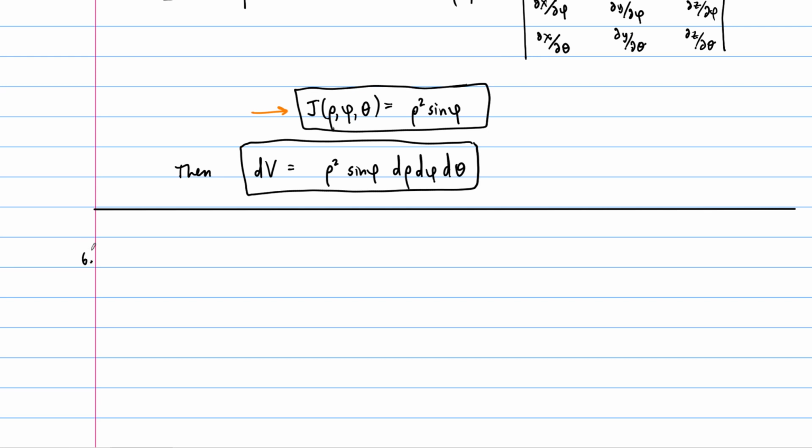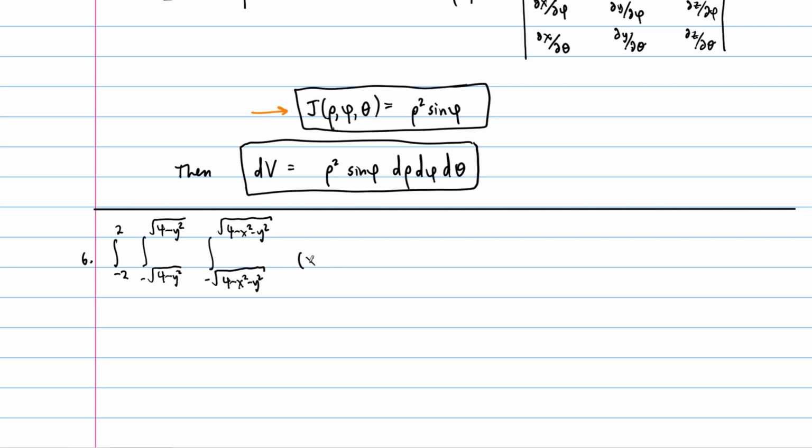But here's an example. I'm going to give us this integral, from -2 to 2. The bounds of the next one are negative square root of 4 minus y squared to positive square root of 4 minus y squared. And then the last one goes from negative square root of 4 minus x squared minus y squared to positive square root of 4 minus x squared minus y squared.